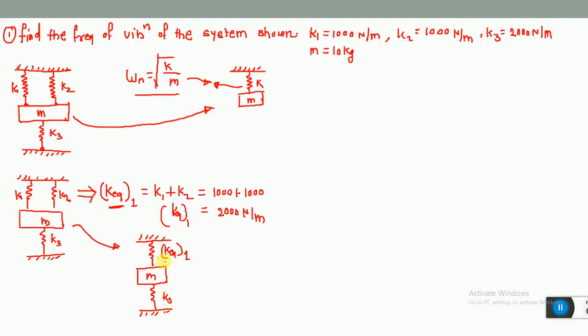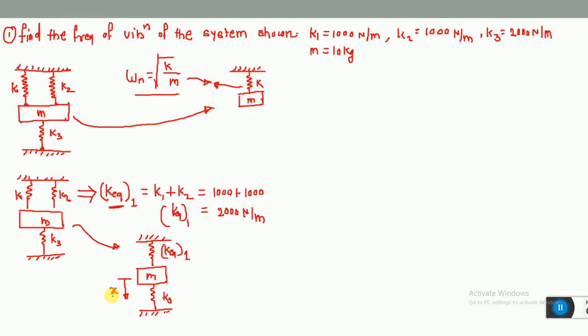Now these 2 springs, that is K equivalent 1 and K3, they are also connected in parallel. From the diagram it appears as if K equivalent and K3 are connected in series. Okay, but actually they are in parallel arrangement. So to visualize this parallel arrangement, just consider the mass M is displaced from the equilibrium point by displacement x.